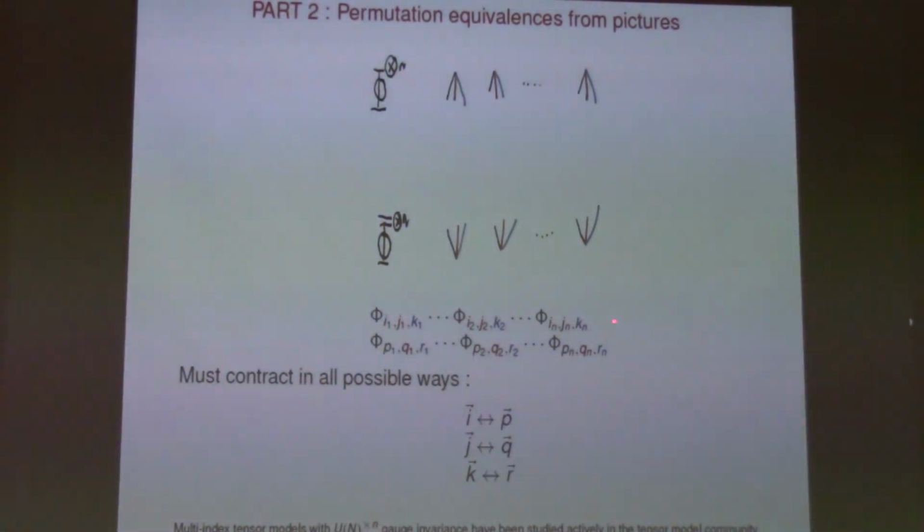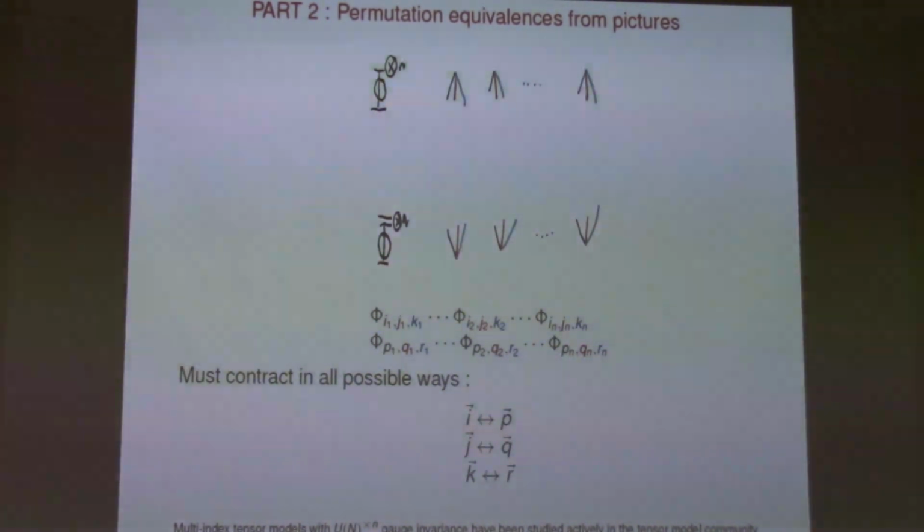And then for the phi bars, I have n vertices here. Sorry, this is a typo, there should have been a phi bar. Now we have to build gauge invariants, which are U(N) cross U(N) cross U(N) gauge invariants, invariant under each of these U(N)s separately. That means I can contract the black with the black, the red with the red, the I's with the P's, the J's with the Q's, and the K's with the R's.